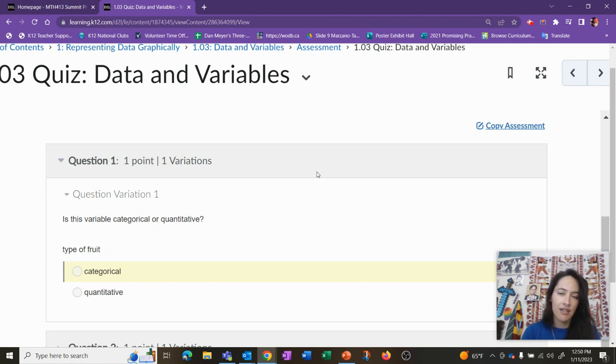It's not a number. Not saying that numbers can't be categories, they can. In class, we talked about how zip codes and area codes, like 928, are numbers, but they aren't a real numerical value. They're a category. It's not 928. They're saying my area code is 928, and it's a category where we put all these other phone numbers.